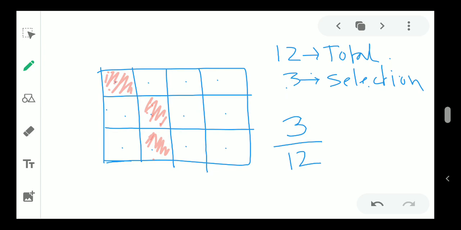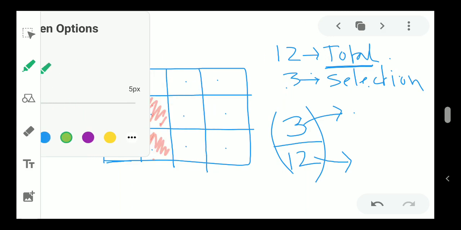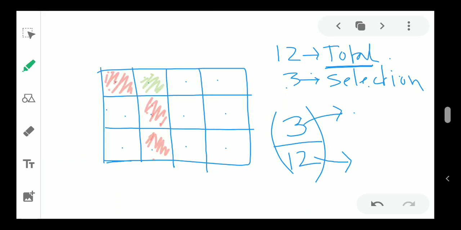That means 3 by 12, this term represents that you are comparing your selection with respect to how much you have in total. So let's say somebody has done 3 by 12 and somebody else has colored 4 pieces, 1 2 3 4.